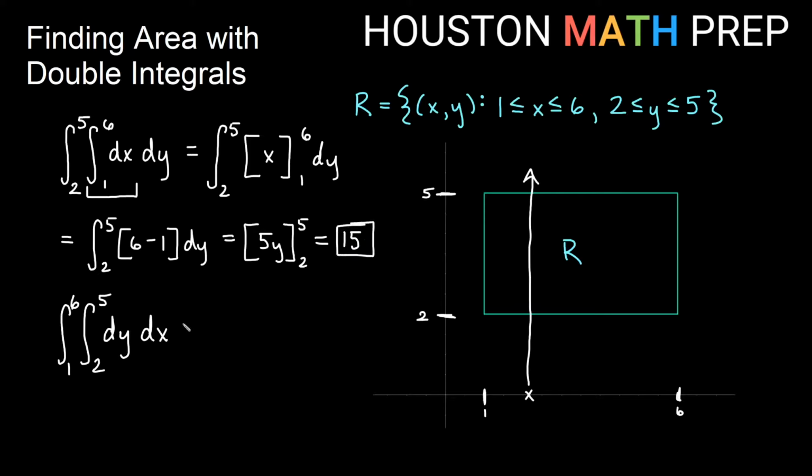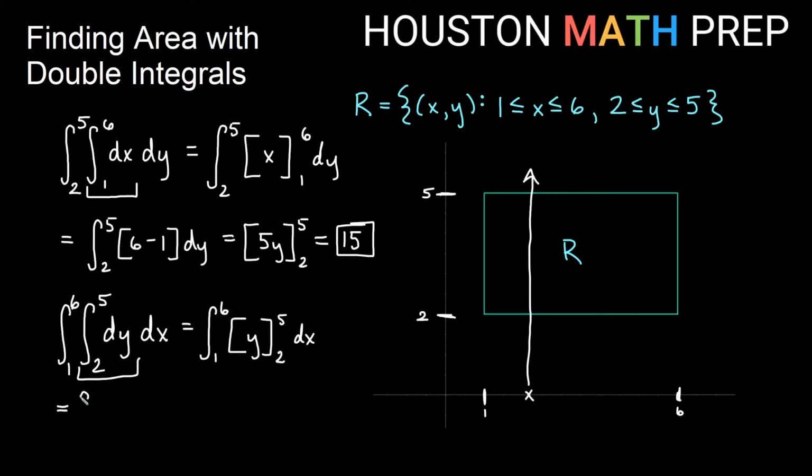Let's look at this second one here. So here we would integrate dy from 2 to 5 first. So we'll leave our integral from 1 to 6. Integral dy is just y. And then we would plug in 2 and 5, and then we would integrate dx.